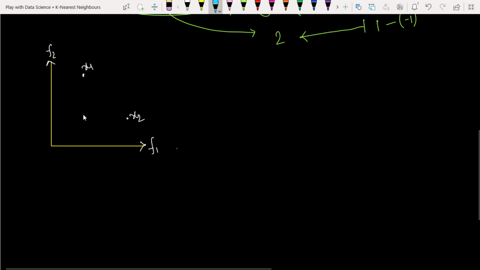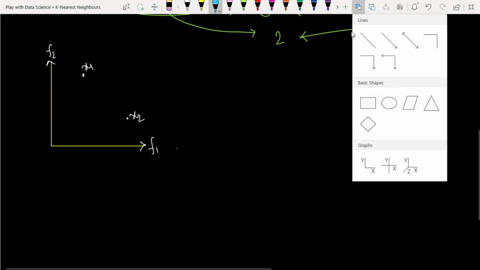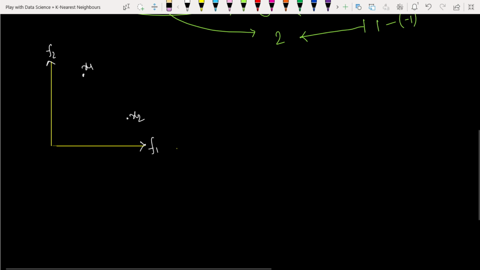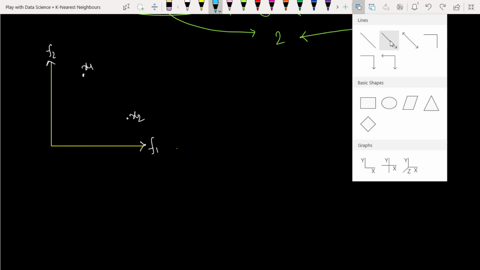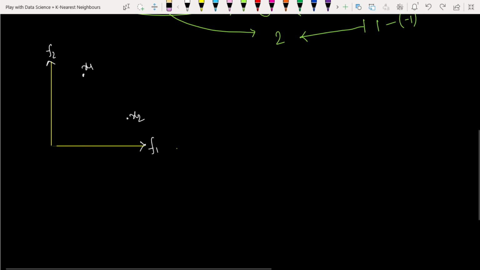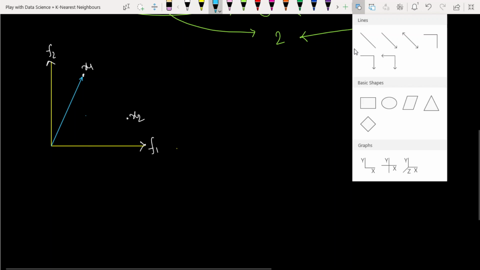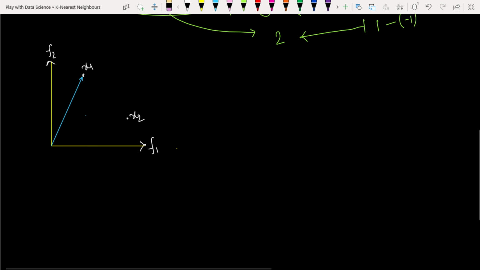Now let's join them. This is the x1 vector, and this is the x2 vector.